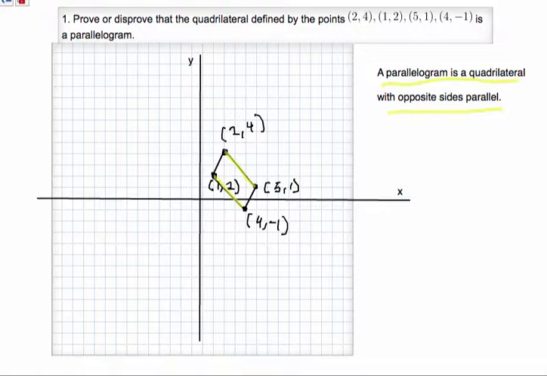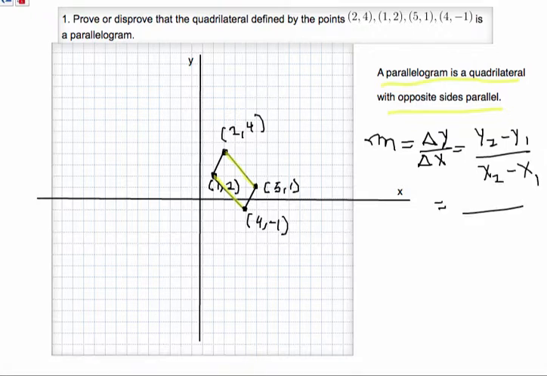To prove that they're parallel, we need to prove that they have the same slope. So let's calculate the slope, m, and recall the slope is delta y over delta x, or rise over run, y2 minus y1 over x2 minus x1. y2 is 4, minus y1, which will be 1, over x2, which will be 2, minus x1, which is 5.